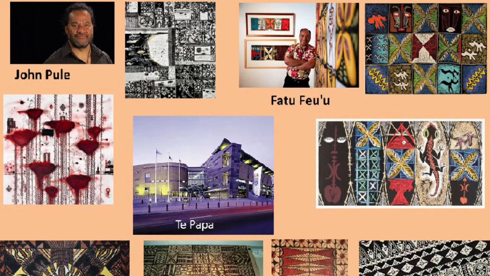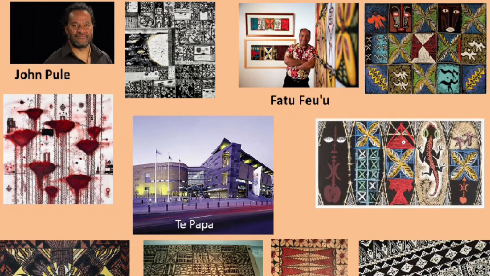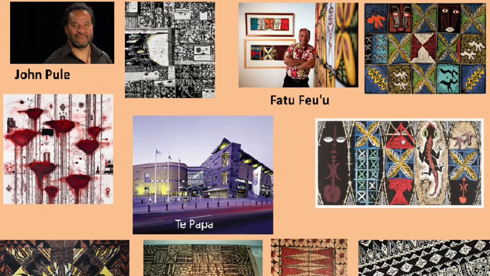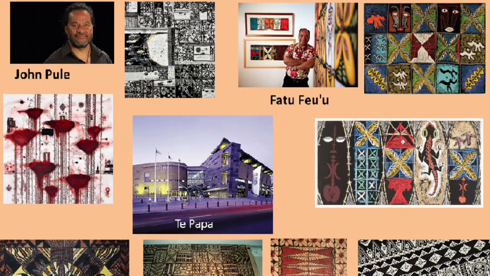John Pule was born in 1962 and is a Niuean artist and a novelist and a poet, and he's lived in New Zealand from the age of 3. His work expresses his experiences as a Niuean in New Zealand, and like Fatu, he blends traditional and contemporary elements in his artworks. The exhibition will also contain traditional tapa cloth, especially from Samoa and Niue.